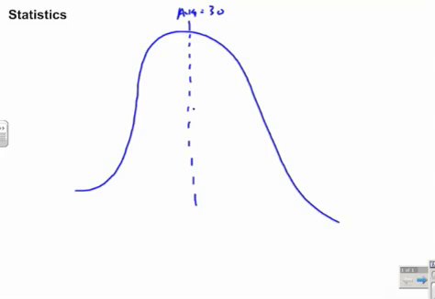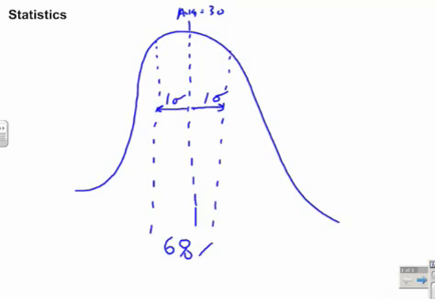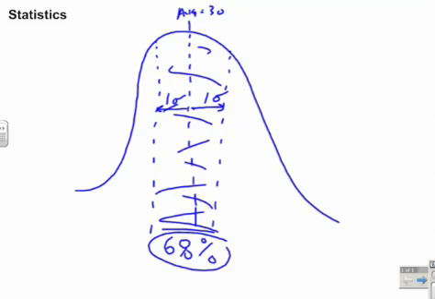If you go out from this curve 1 sigma, where the small Greek letter sigma is our standard deviation, if you take that measurement plus or minus 1 sigma, that takes up 68% of all the possible area underneath that curve.